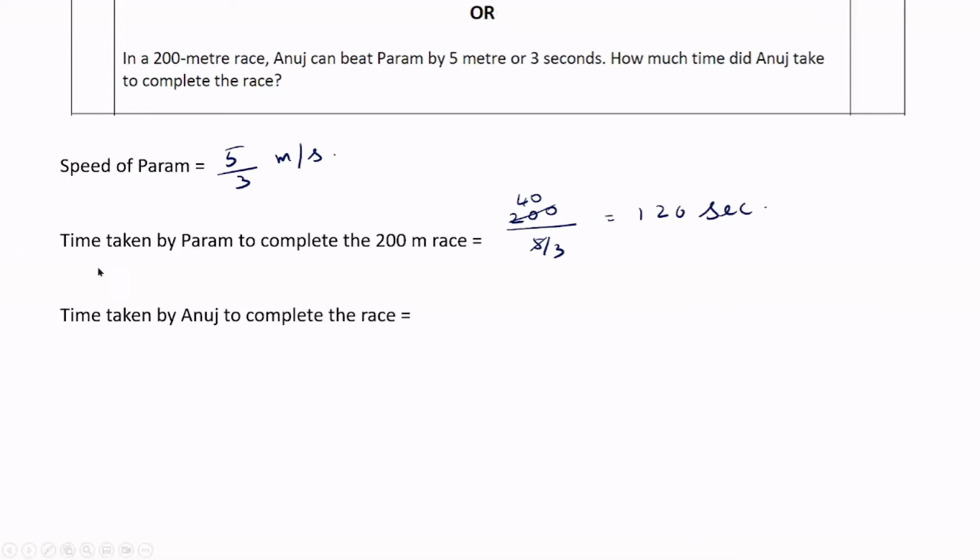So here time taken by Param to complete the 200-meter race is 120 seconds. Here it is given Anush can beat Param by 3 seconds. So time taken by Anush to complete the race will be 120 minus 3. So it is 117 seconds. So finding the time taken by Param to complete the race carries 1 mark, and finding the answer carries 1 mark.